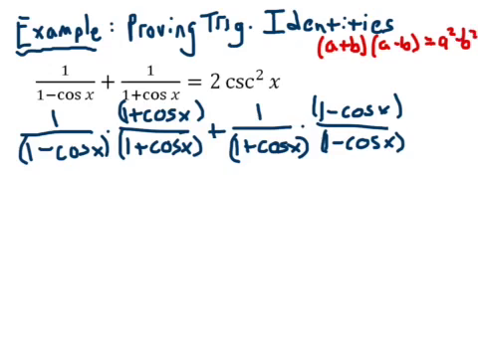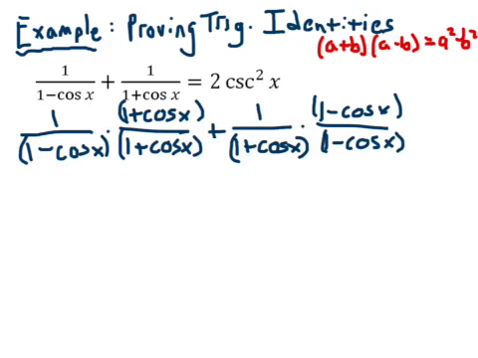If you multiply these two binomials, their middle terms will cancel, leaving you with a squared minus b squared. Well, that's going to help us down here, because really we just have an a minus b and an a plus b.